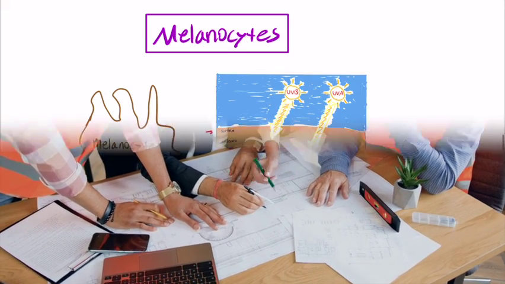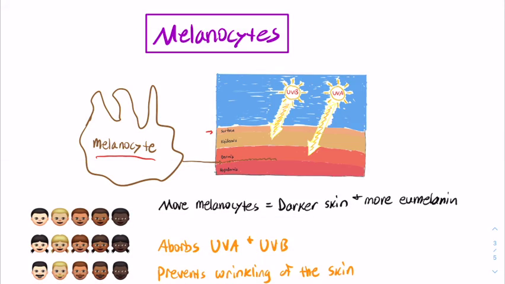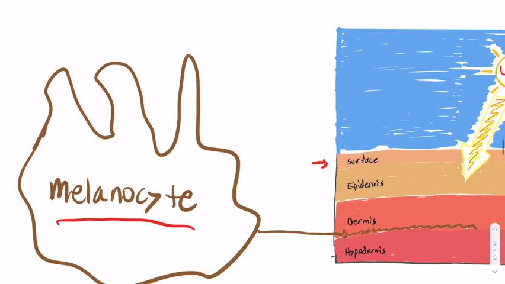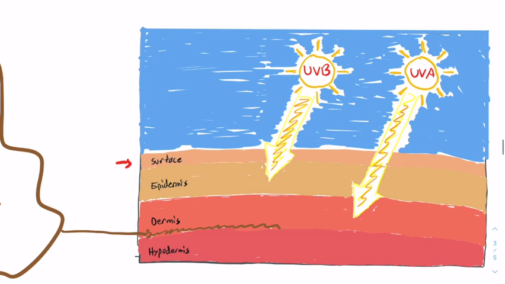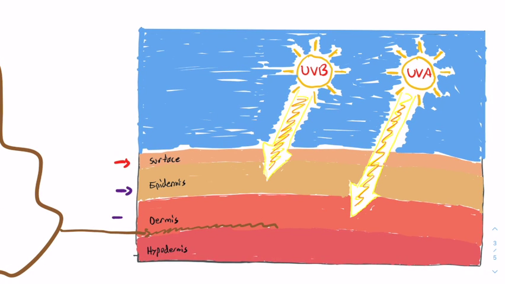Then we have melanocytes. So the amount of melanin present in the skin is directly related to the amount of melanocytes in the skin itself. So melanocytes are these cells that just produce melanin, and it's found in the lower layer of the dermis. So skin has a handful of layers. You got the surface layer, you got the epidermis, the dermis, and the hypodermis.